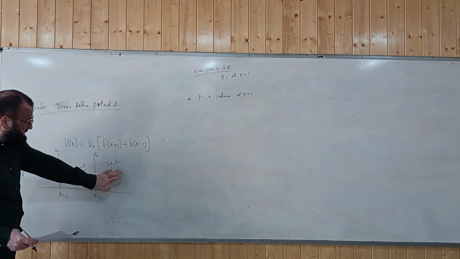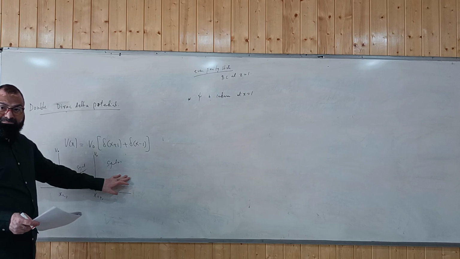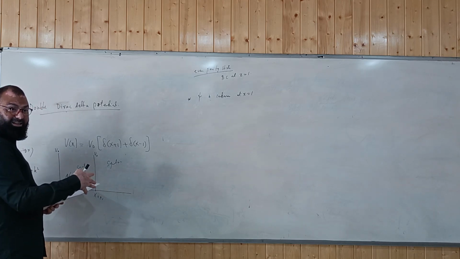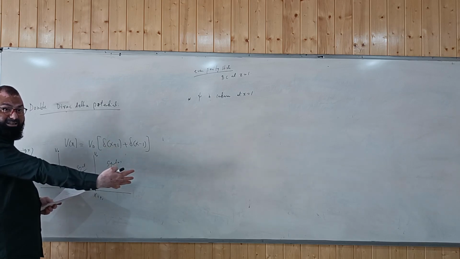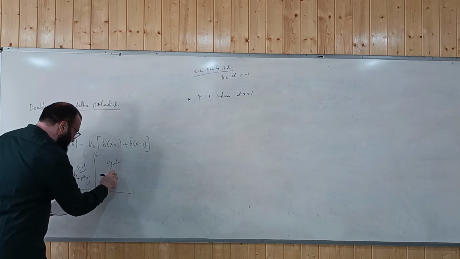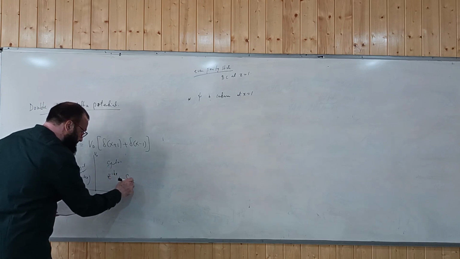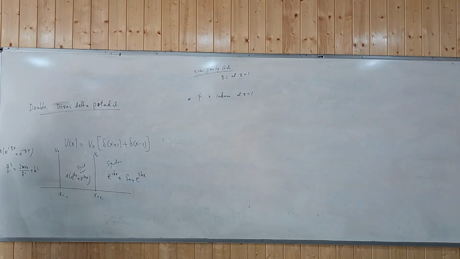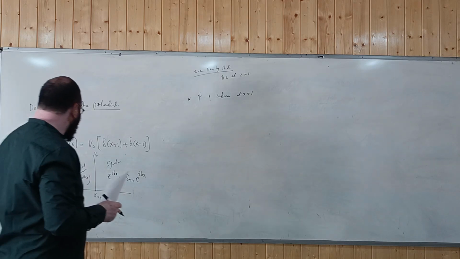Now tell me, what is the symmetric part of the wave function here? I have to choose on the right hand side. So it will be e^(-ikx) plus S plus plus e^(ikx).